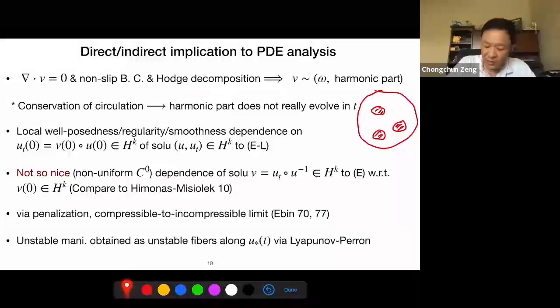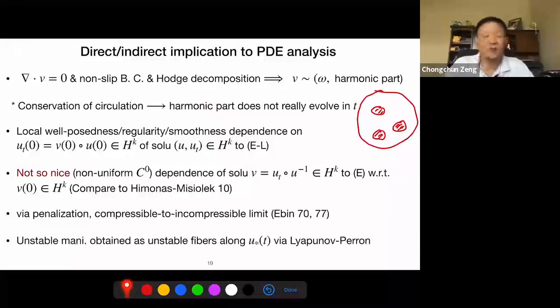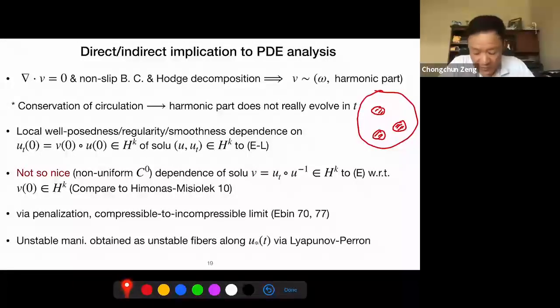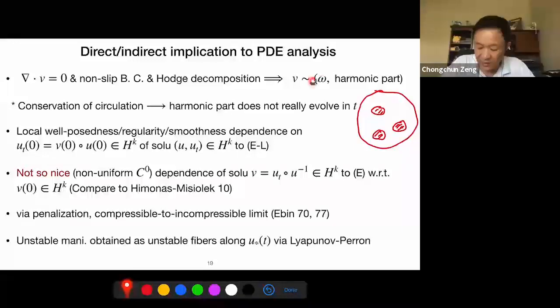The harmonic part in 2D is then kind of conserved. It doesn't really evolve in t too much, since the circulation is conserved and determines the harmonic part. So to analyze the Euler equation in the Eulerian formulation, conceptually one can reduce the problem a lot to the vorticity. But this is in the fixed boundary case. Later on, when we talk about the free boundary, this becomes only a part of the problem, and an easier part. The harmonic part becomes a huge issue over there.